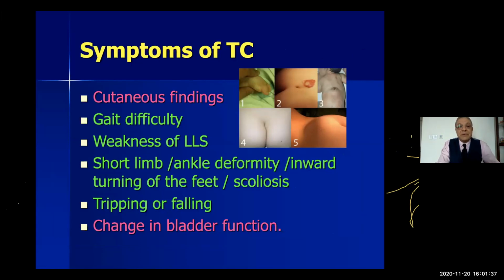We might have gait difficulty because, as I said, it will affect the ventral and dorsal roots as well as part of the spinal cord. So definitely we might have gait difficulty. We might have weakness of the lower limbs. Sometimes a deformity, like a short limb or ankle deformity, we can look at here.